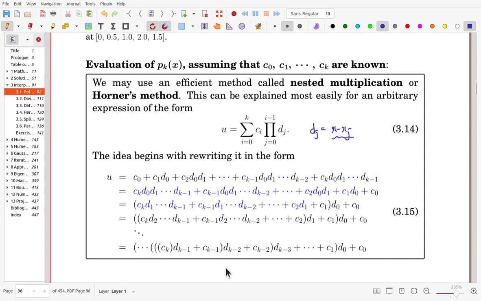By using this nested multiplication is really much more efficient. Practically, for an nth order polynomial, you need for each k one multiplication and one addition, so that eventually the number of operations required is 2k operations. So that's much better.